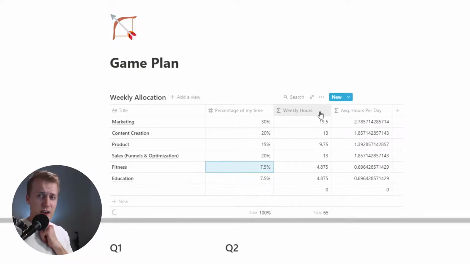And I said 65 hours per week because there's 168 hours per week, but let's say 9 to 10 of those is sleeping or doing sleep habit stuff, getting ready for bed. So I said, okay, scratch that. If 10, that's 70 hours.